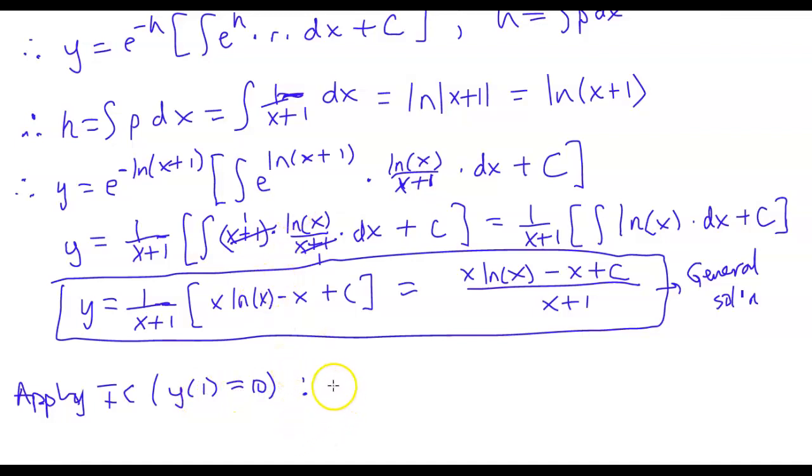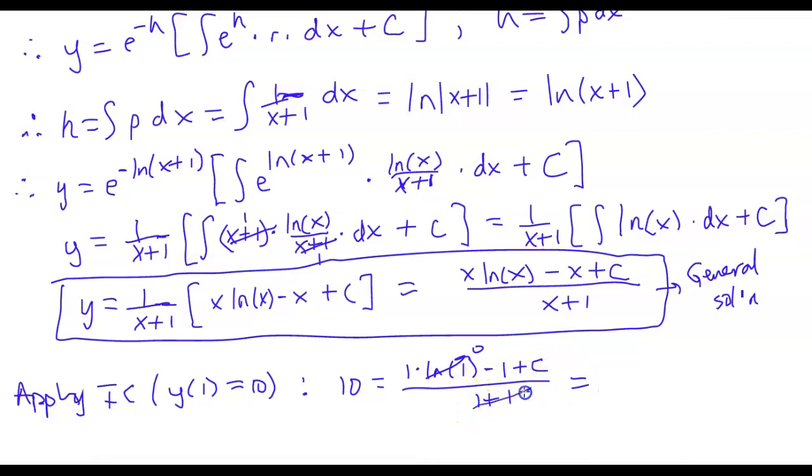So if we do that here, y, which is 10, equals 1 times natural log of 1, which will end up being 0, minus 1 plus c, over 1 plus 1.